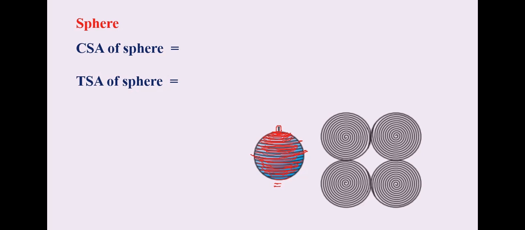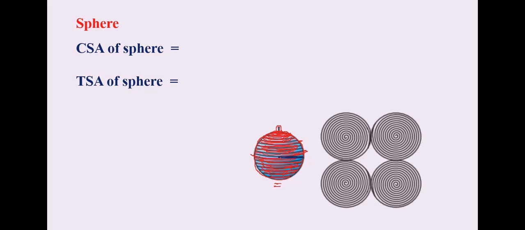Yes? Now, the ball that you have, you can see outside it forms a circle. It has got a radius. Now, take a piece of paper and draw four circles of the same radius.